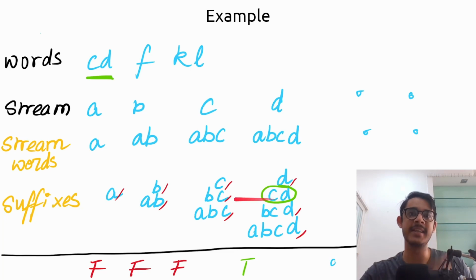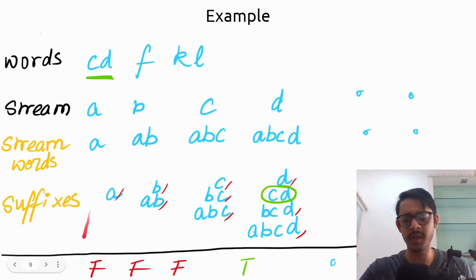And this CD is present inside of words over here, which means that we can return true for this case. And if you look at the words A, B, AB, B, BC, C, ABC, whatever, none of them match with any word inside of words. So that is the reason for having false over here.